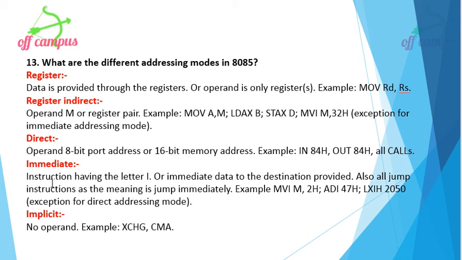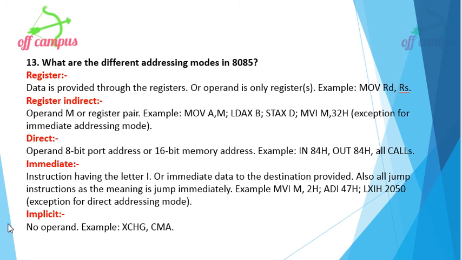Then immediate addressing mode. Instructions having the letter I. See MVI, where immediate data is provided to the destination. So with MVI, what data will be provided? MVI M, 2H means this 2H data will be copied to the given memory location.